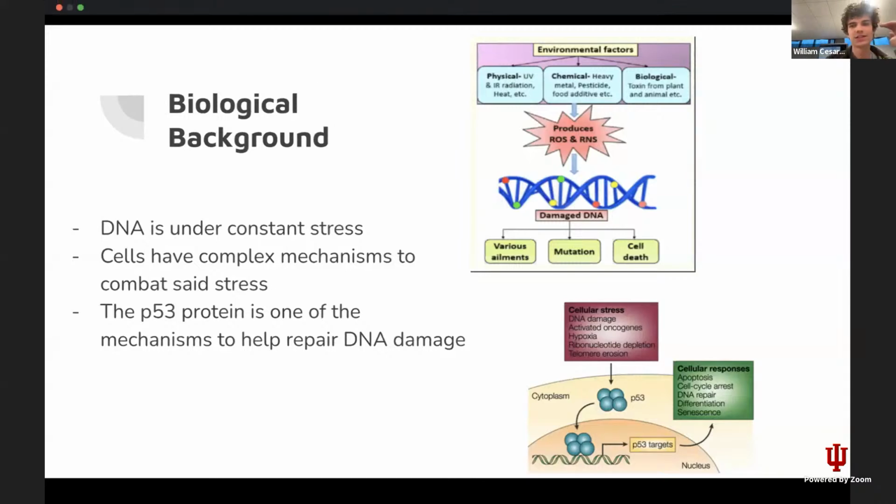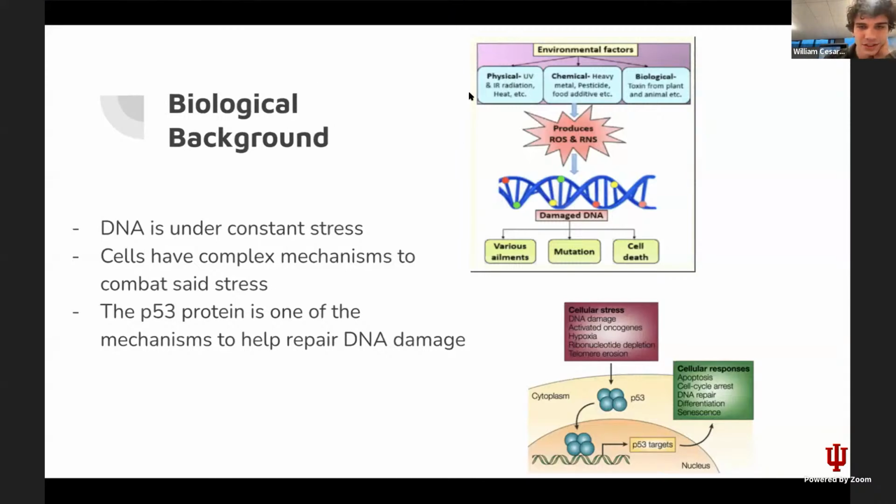Okay, cool. So essentially, in all of our cells, DNA is constantly under stress from various environmental factors, as you can see in the diagram: UV rays, smoke, anything chemical, biological, etc. And cells have developed complex mechanisms to combat this stress.